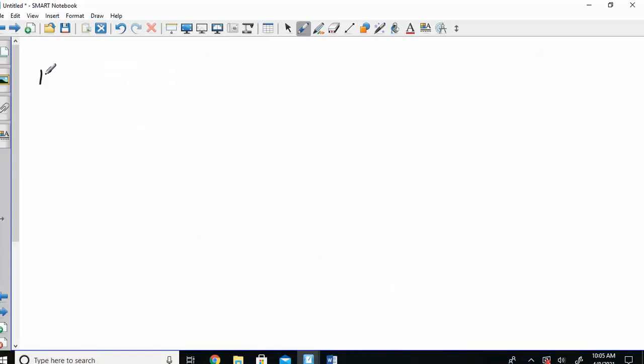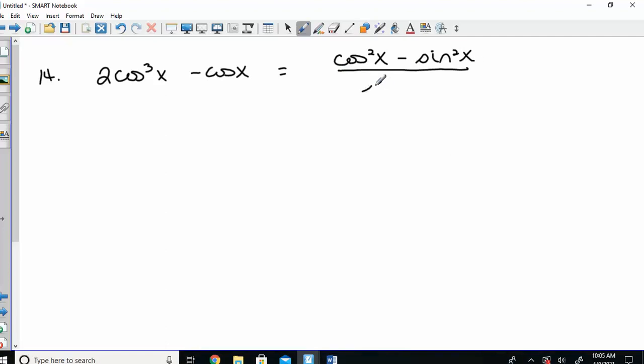Problem 14. So we are into the proofs now. All right, first step, we have to decide which side we're going to plug in.